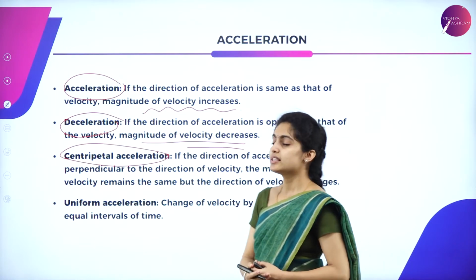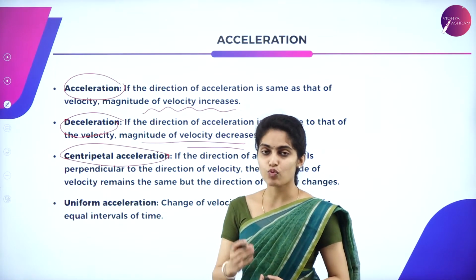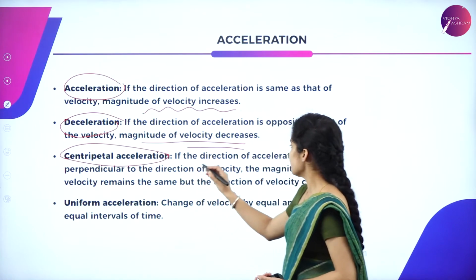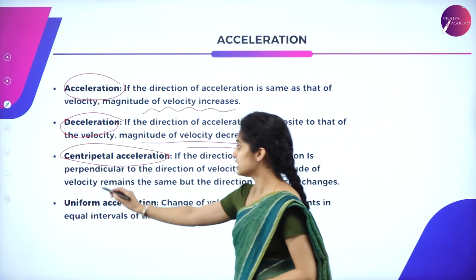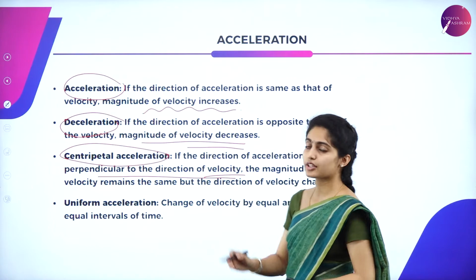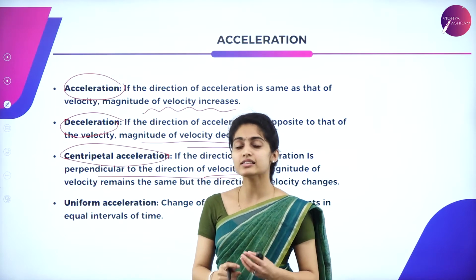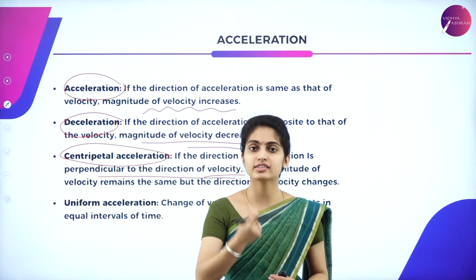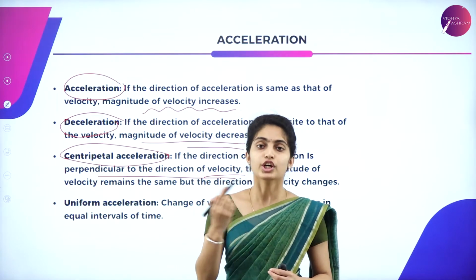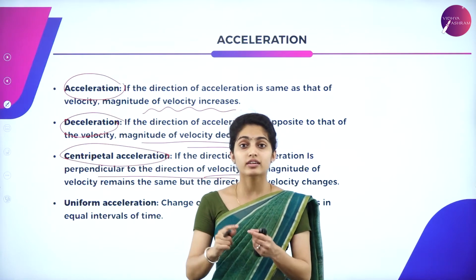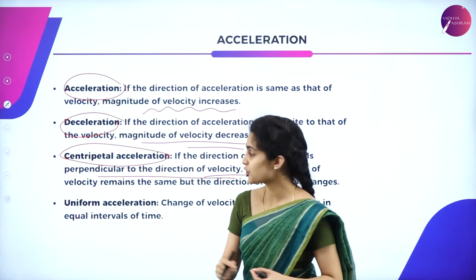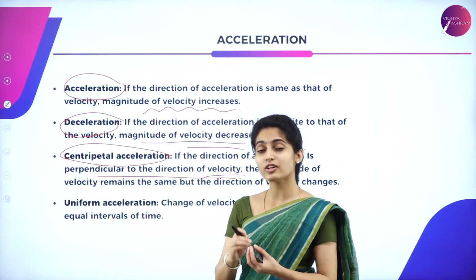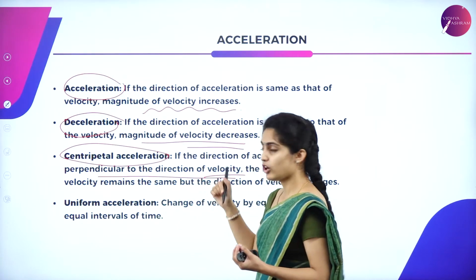So next is centripetal acceleration. What is centripetal acceleration? It is when the direction of acceleration is perpendicular to the direction of velocity. Consider that you are tying a stone to a thread and just rotating it. It is undergoing a circular motion. During a circular motion, the acceleration is perpendicular to the direction of the velocity.